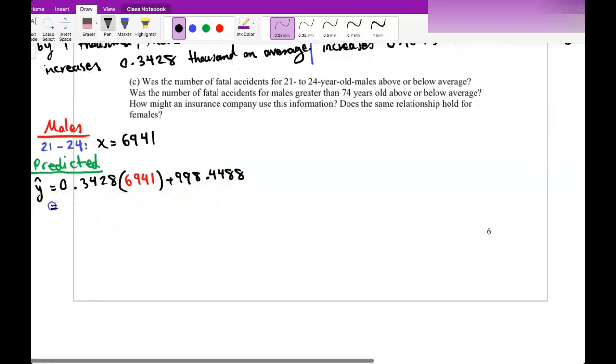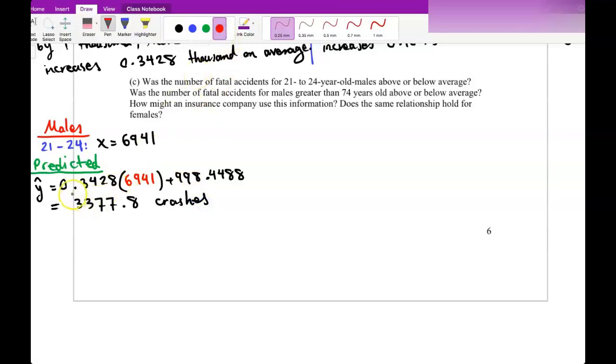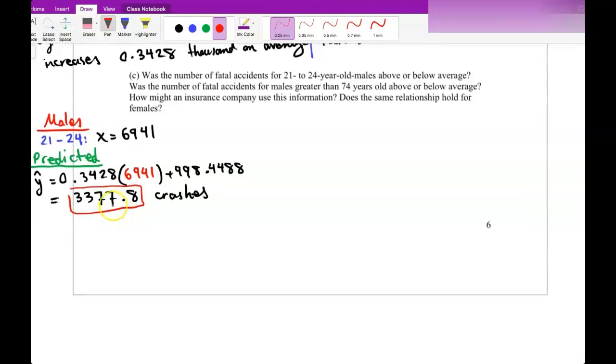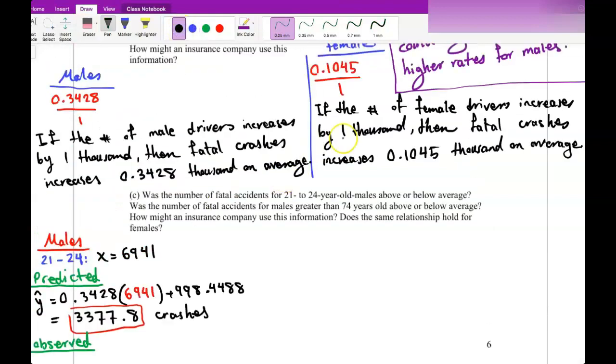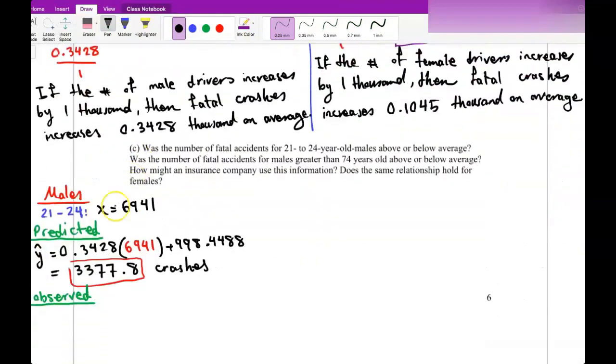So y hat is equal to this number, and we already know that observed is 5,016.